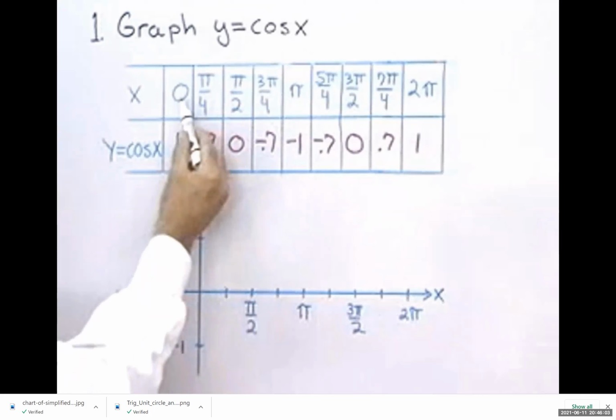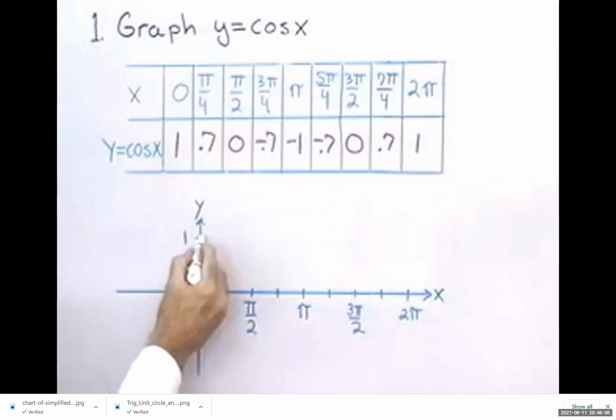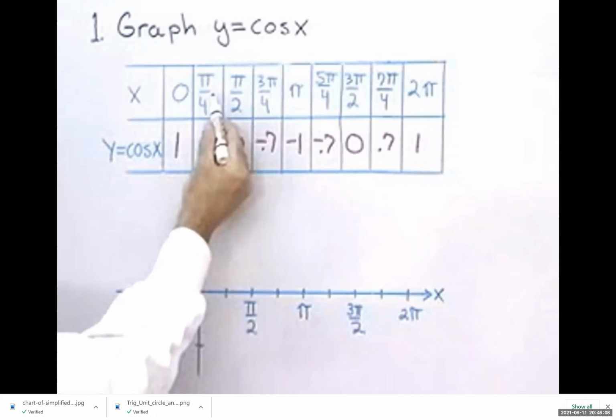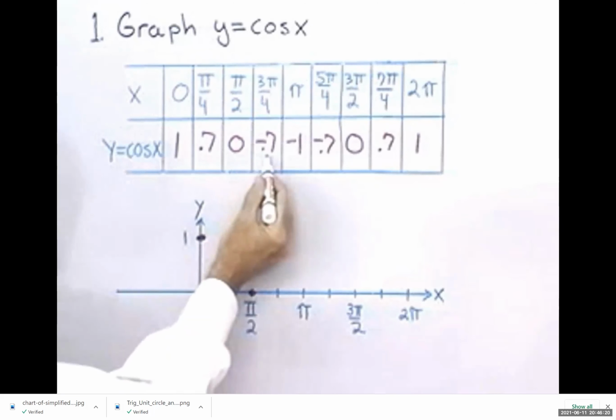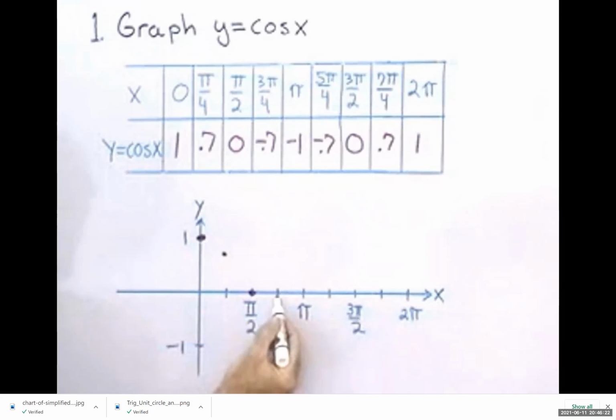So I'm going to graph these ordered pairs. X equals 0, y equals 1. That's right here. X equals pi over 4, y equals 0.7. So here's pi over 2. Halfway to there is pi over 4. And so I'm going to say this is about 0.7 right here. At pi over 2, y is down to 0. At 3 pi over 4, which is right here, I'm down to negative 0.7.